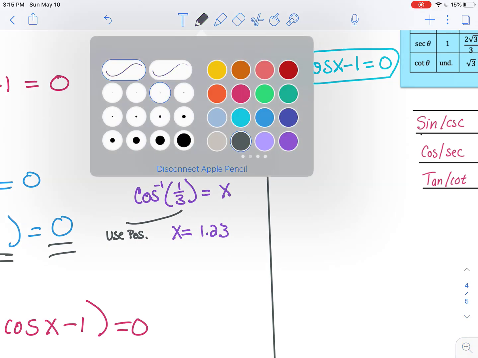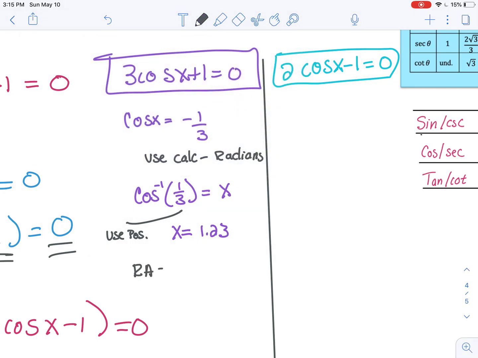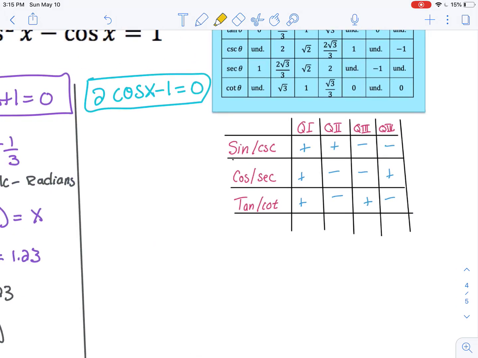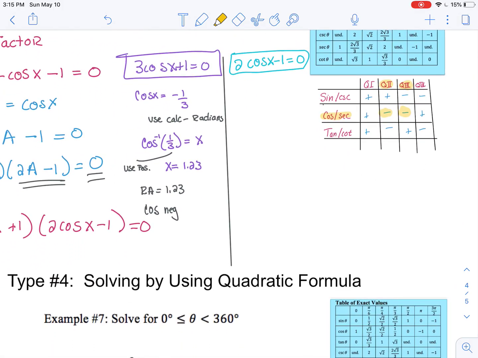So I now have my reference angle is equal to 1.23. I need to ask myself, when is cosine negative? I can look over at the chart and see that cosine is negative in quadrant 2 and in quadrant 3. So that's where my solutions lie, in quadrant 2 and quadrant 3.